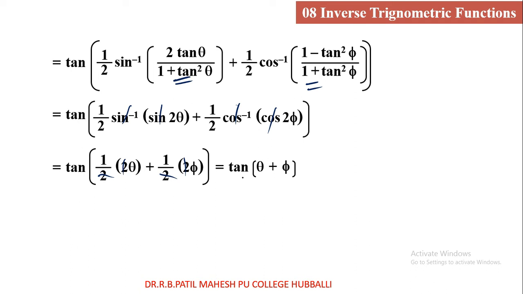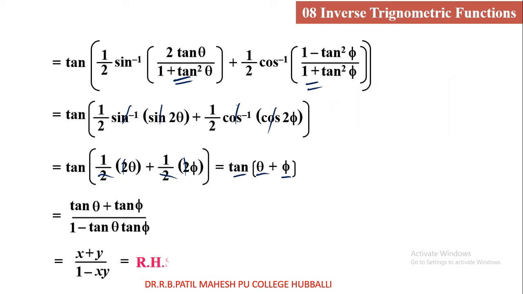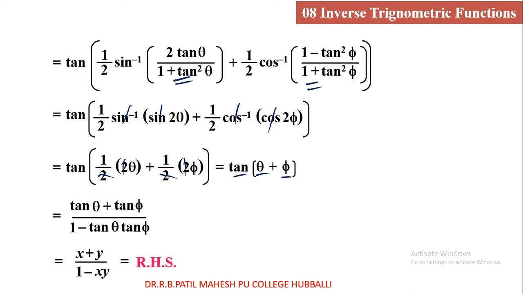Now it's time to apply the tan of theta plus phi formula, that is tan theta plus tan phi upon 1 minus tan theta into tan phi. Replace tan theta as x and tan phi as y. So x plus y upon 1 minus x into y. Hence this is going to be the RHS of the result. This is on substitution. Hope you followed. Let us see the next question.